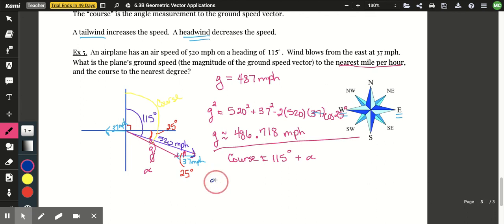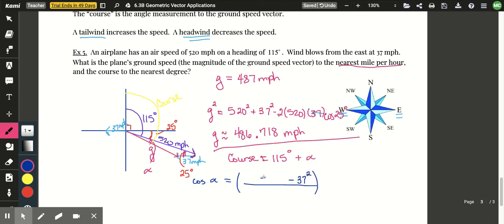We're going to call it alpha. With the law of cosines, we said cosine of alpha equals, and then we made a big fraction. In that fraction we had minus, and the side that went along with the angle we were looking for is the one that goes after the minus sign. So I'm going to put 37 squared over there.